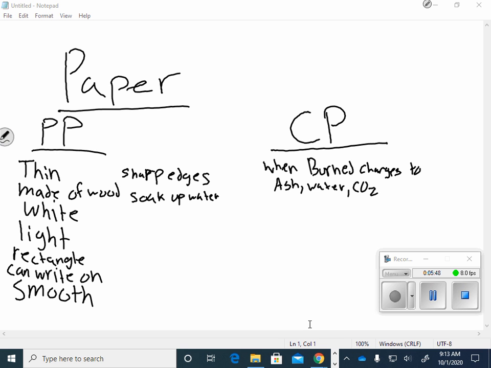What happens if a paper is left in the ground for hundreds of years? Riker? Becomes moldy and decomposes, right? So decomposes over time.